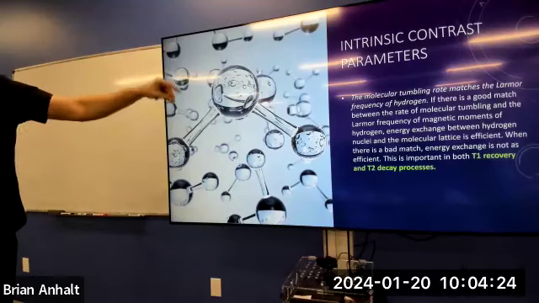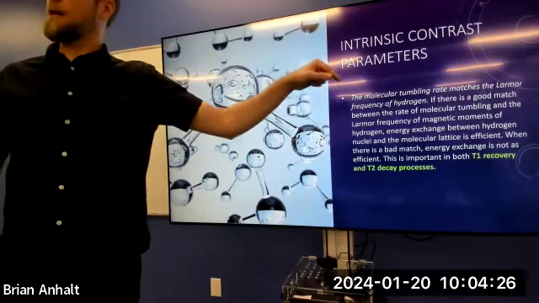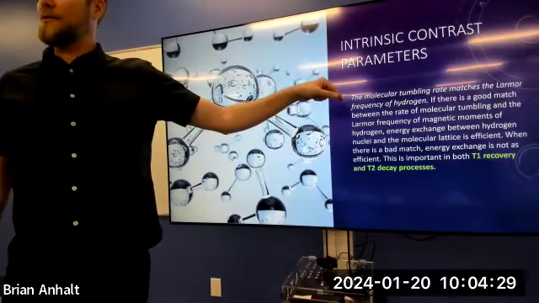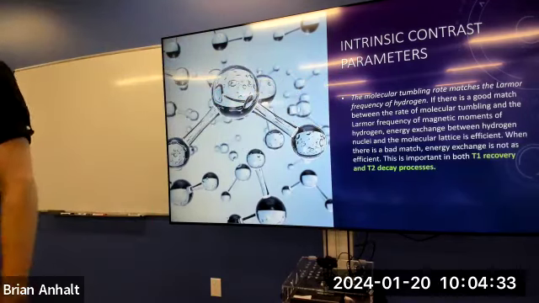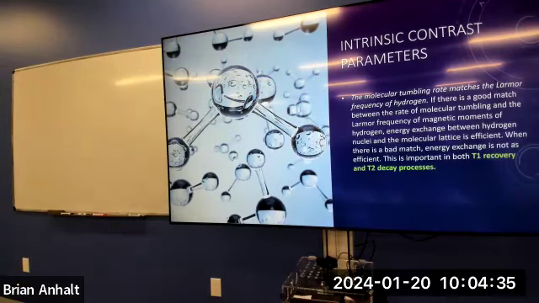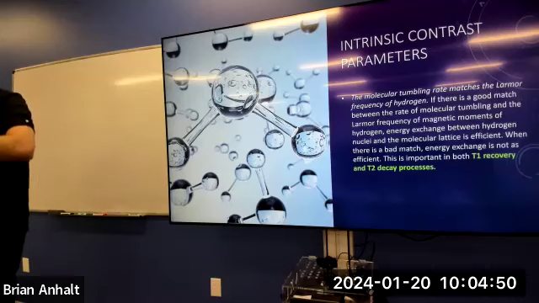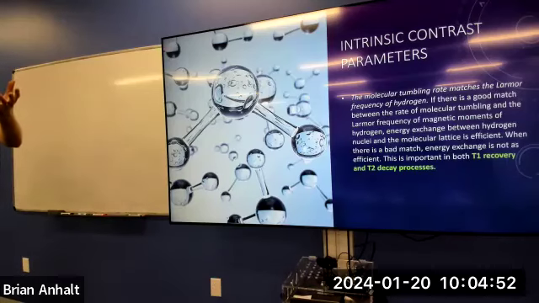If the molecular tumbling rate matches the Larmor frequency, or is pretty close to it, then we're going to have a more efficient transfer of energy. Think about it as a reverse resonance. If we have all the protons precessing at a particular frequency, and the molecule is vibrating at that same frequency, we're going to have an efficient transfer of energy between those protons and the molecular lattice.